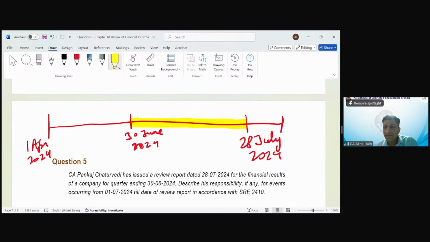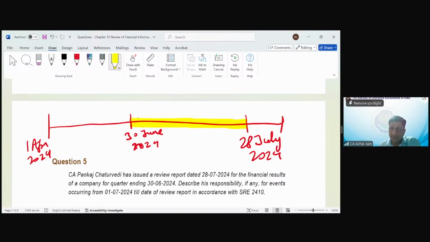Anyone else? What do you do? Quickly, anyone else? Yes, sir. Subsequent events should be disclosed. Subsequent events to be disclosed. So how do you disclose that as an auditor? And where do you disclose that?